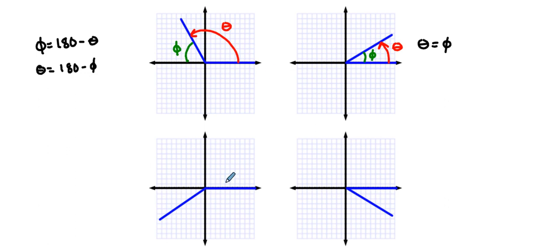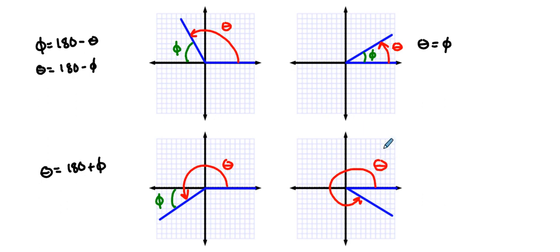When the terminal arm is around in quadrant 3, we have our angle in standard position, and we have our reference angle phi drawn here. Again, taking phi to be positive in all these scenarios, we can say here that theta is going to be 180 plus phi. Lastly, we have our angle in standard position here in quad 4, where we're going all the way around.